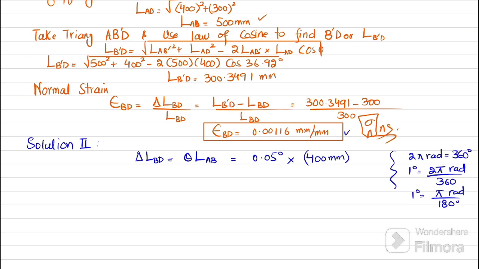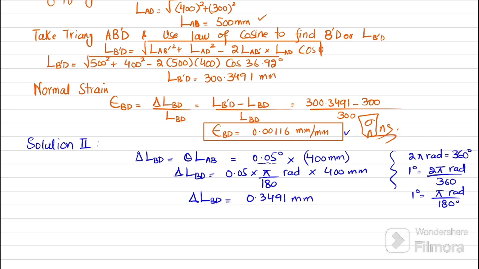So we'll convert this 0.05 degree into radian to get this delta LBD. So 0.05 multiplied by pi divided by 180 radian multiplied by 400 millimeter, and when you calculate it you will get this change in length of BD will be equal to 0.3491 millimeter.